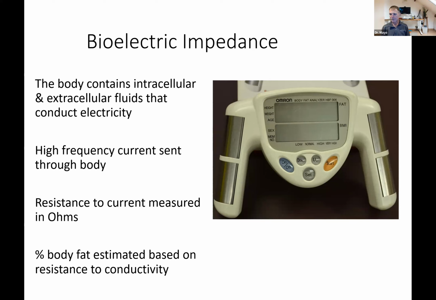What's one of the factors that will affect the results? This is percent body fat estimated based on resistance to conductivity. Anybody want to take a shot at the biggest factor that would affect the results of this test, based on what we just said? Anybody?